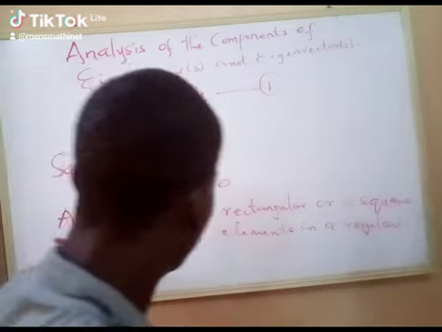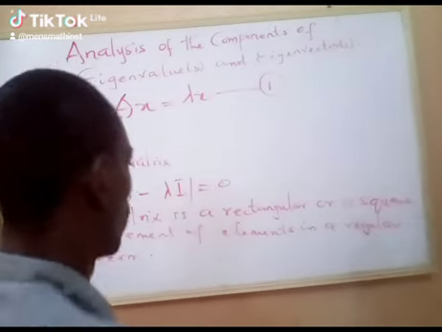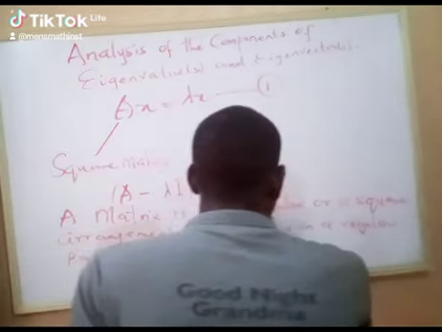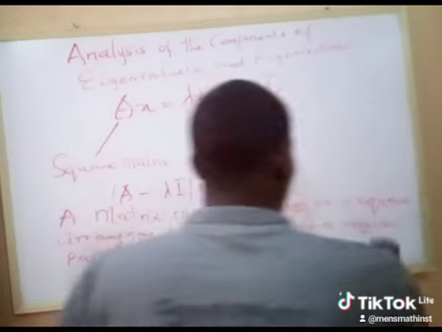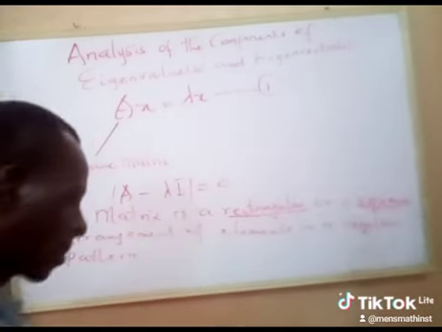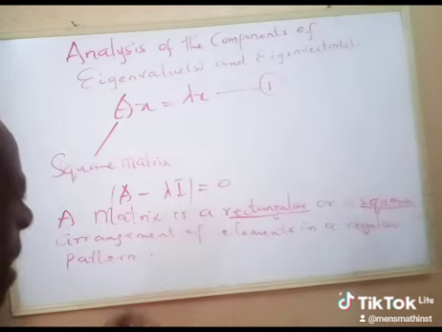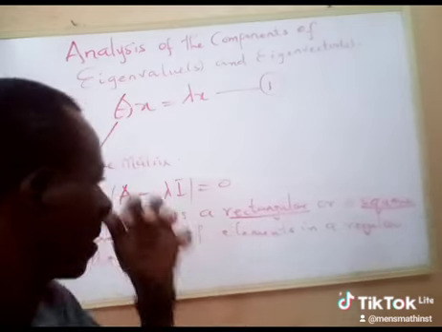By the time we look at the sentence, we are going to underline the words rectangular and square. That means a matrix is either a rectangular or a square form.